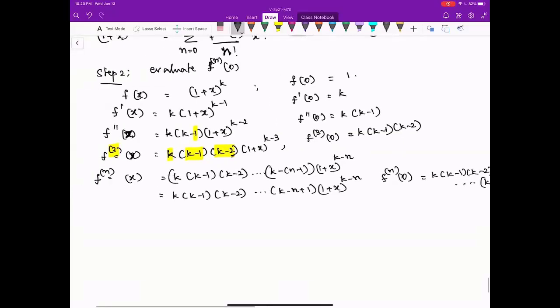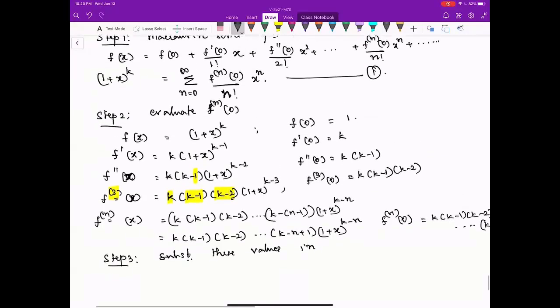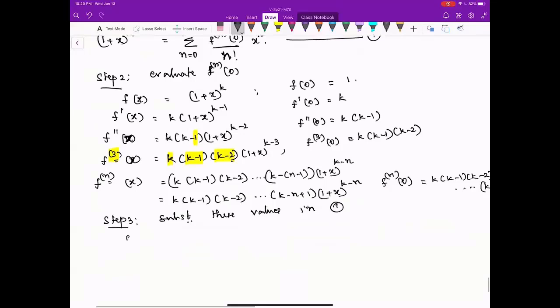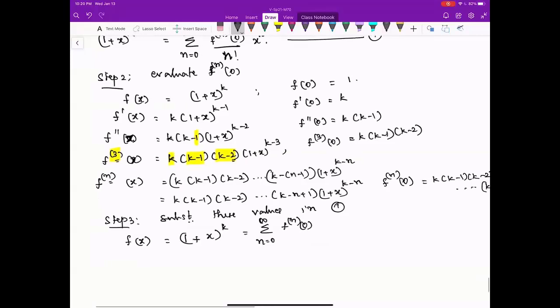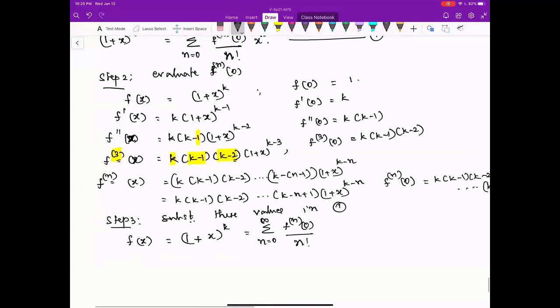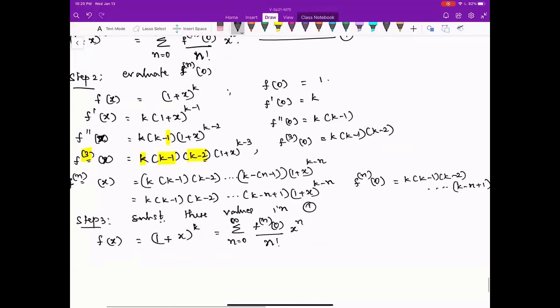So if I substitute these table values into step 1, you get f of x, in this case 1 plus x to the power k, will be sigma n varying from 0 through infinity, nth derivative at 0 over factorial n times x to the power n.